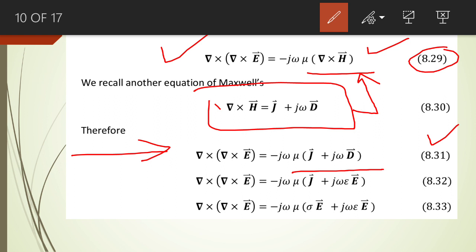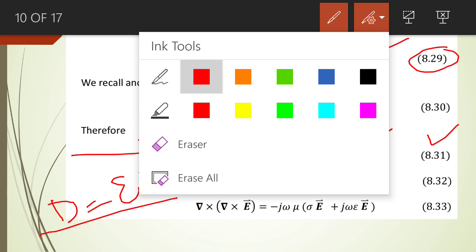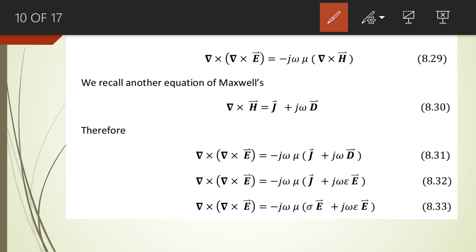Now we know that the electric flux density is equal to permittivity multiplied by the electric field intensity. We know this relationship between the electric flux density and the electric field intensity. So what we do, we put the value of D in equation number 8.31. If we put the value of D in equation number 8.31, then we get equation number 8.32.